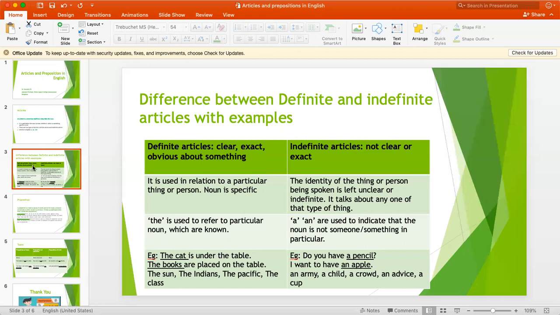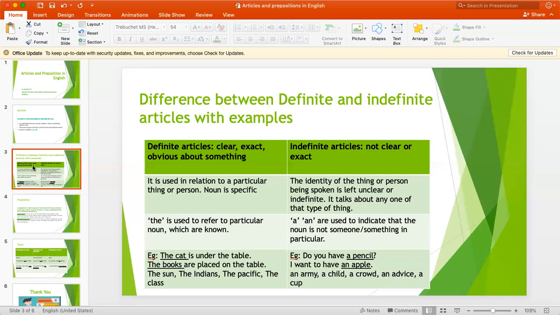Apart from this, in definite articles we also have uncountable and countable nouns. For example, the sun, which is a universal entity. There is only one sun, and we say the sun. We don't usually use a, because it is important, significant, and just one universal entity.